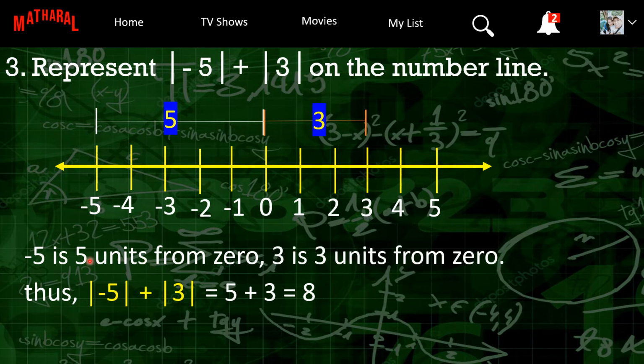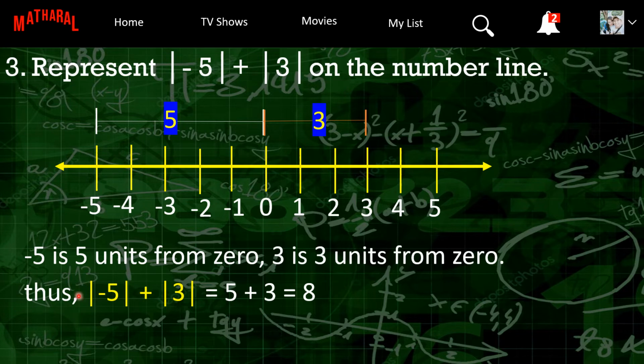As we use the same concepts and procedures we've used in our previous slides, tatandaan nyo lamang po, any integer inside the absolute value, once you take it out, is the number itself with a positive sign.